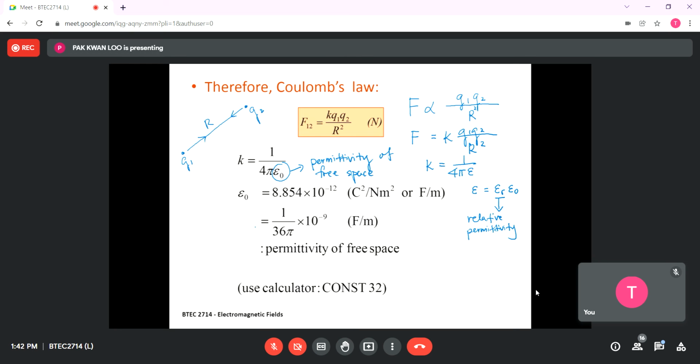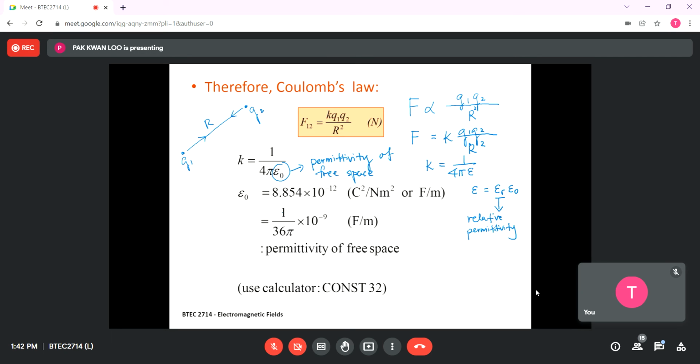And of course, if you use a calculator and type in constant 32, the value coming out from the calculator is slightly different from 1 over 36 pi, but it's good enough.